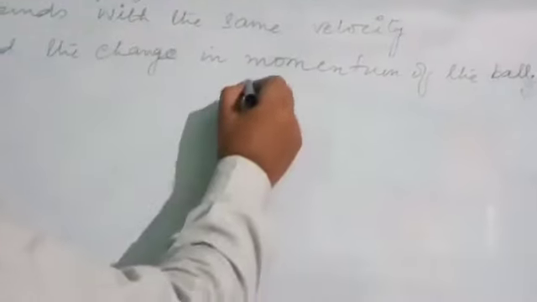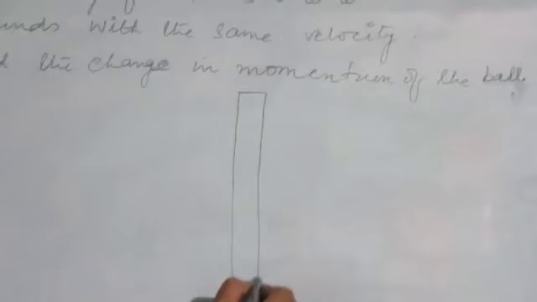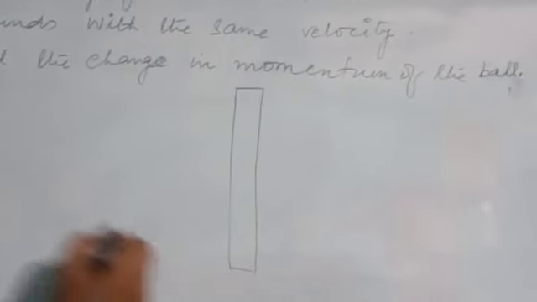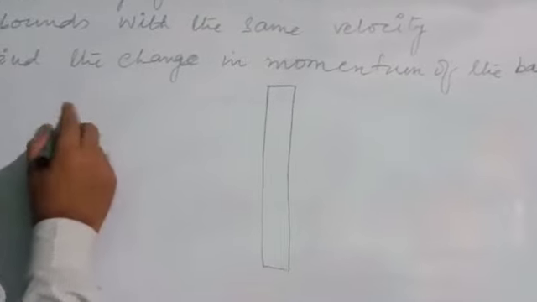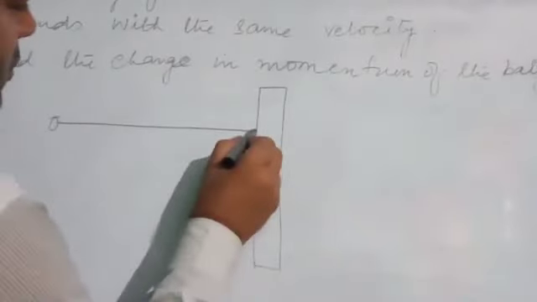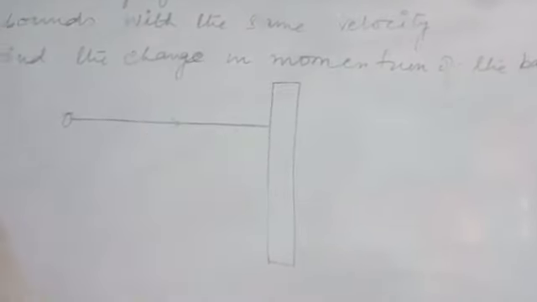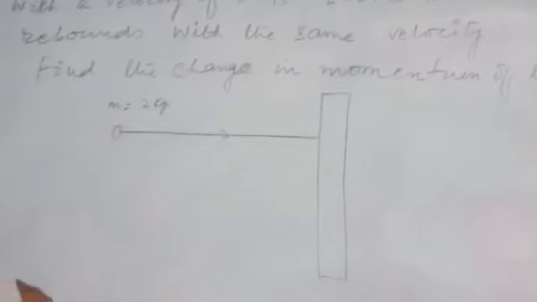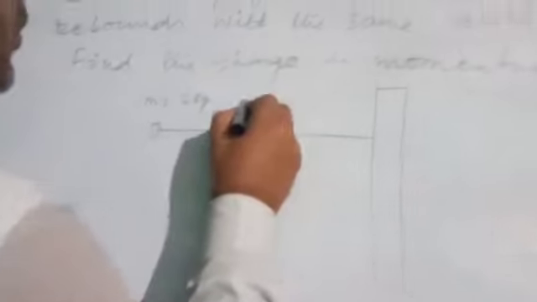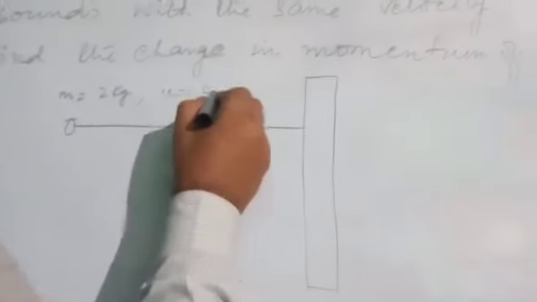Suppose this is the wall. The ball is moving with a constant velocity. Mass is given as 2 kg. Initial velocity is 3 meters per second.